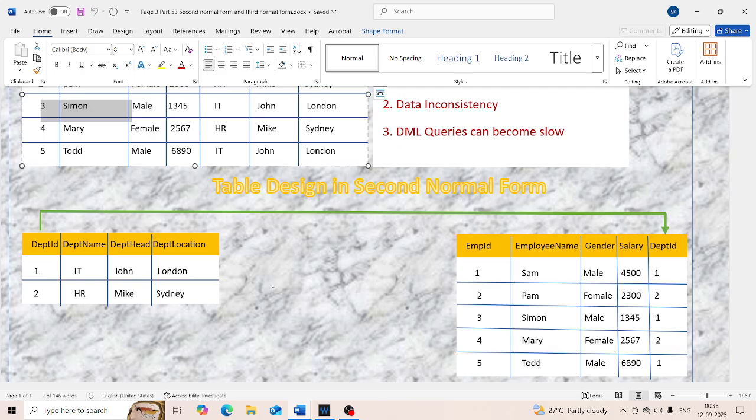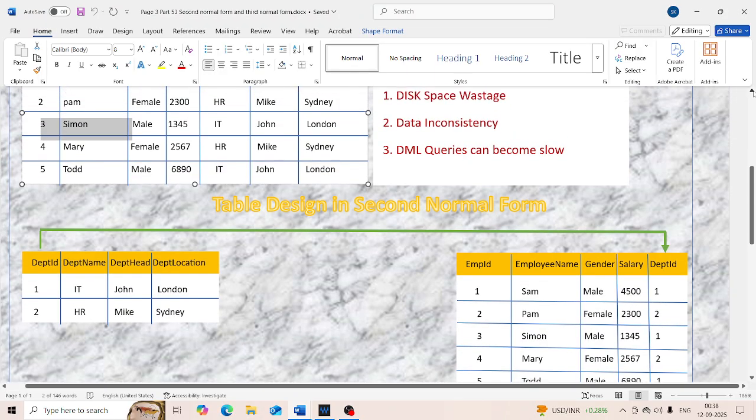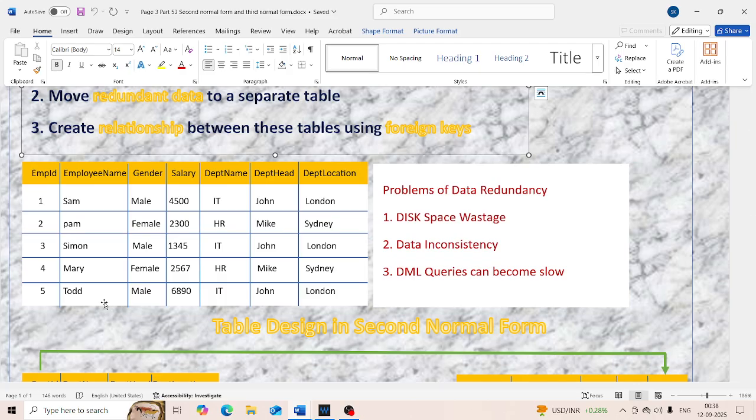So let's understand this. Let's see a table that is not in the second normal form, and let's see how to change the design in such a way that those tables meet the rules of second normal form.